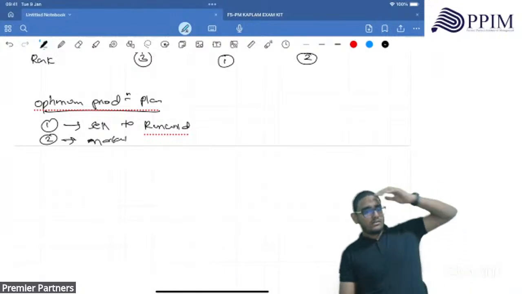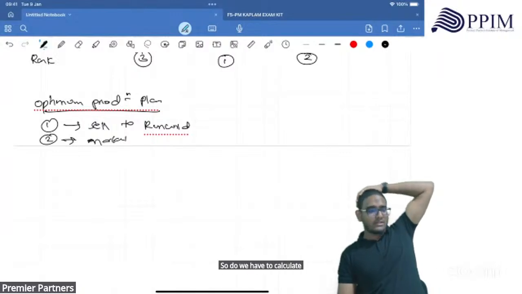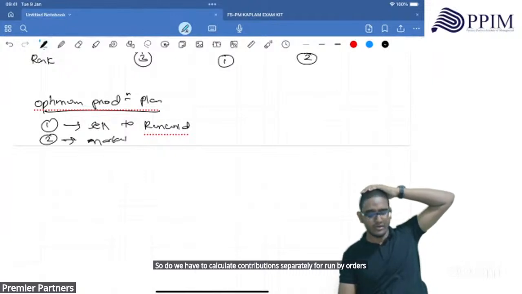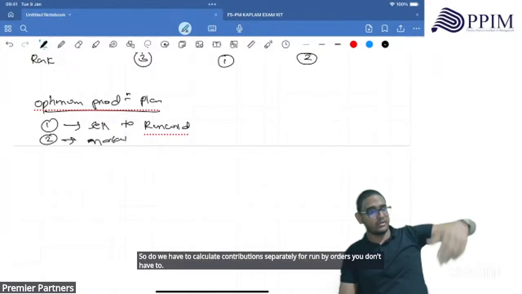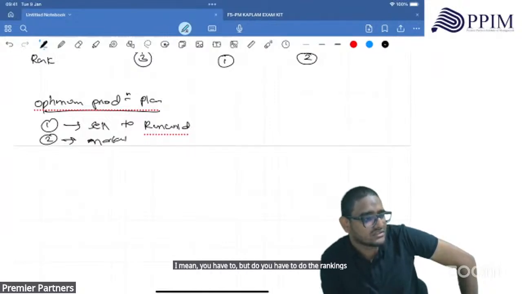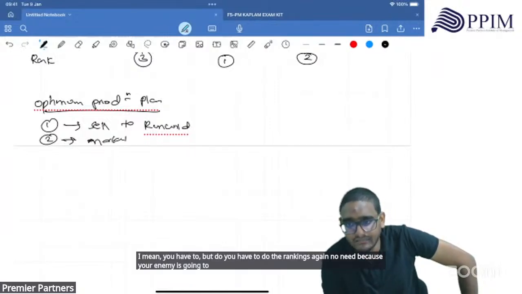So, do we have to calculate contribution separately for Runway orders? You don't have to. I mean, you have to, but do you have to do the rankings again? No need, because you're anyways going to do for all three, right? So you're going to satisfy all three products.